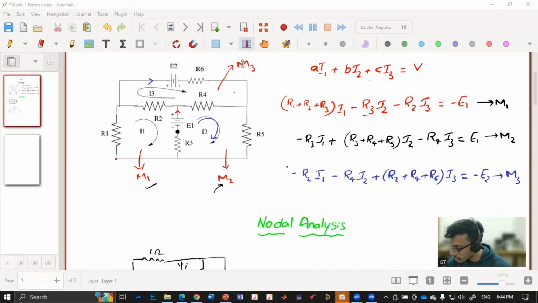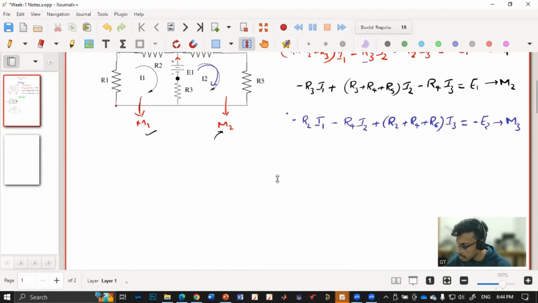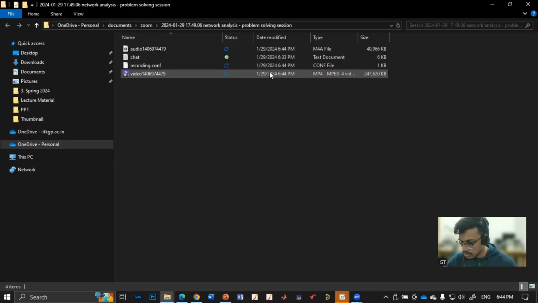Okay, let me quickly consider an example. So what happens if there is a current source?